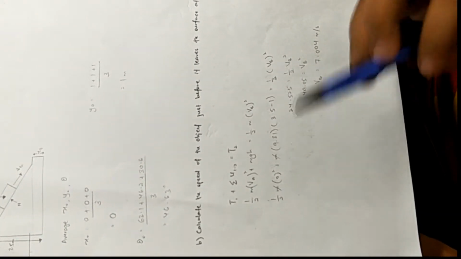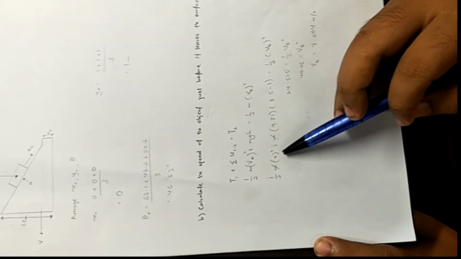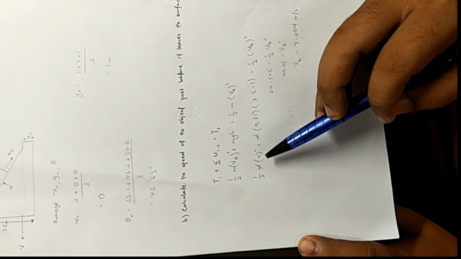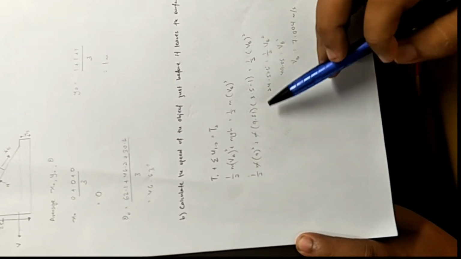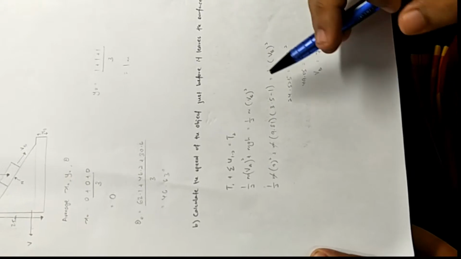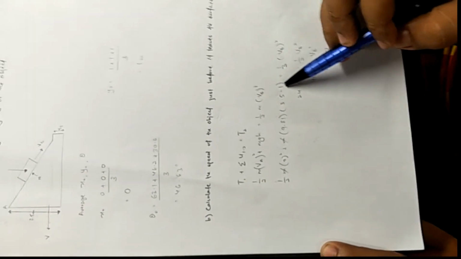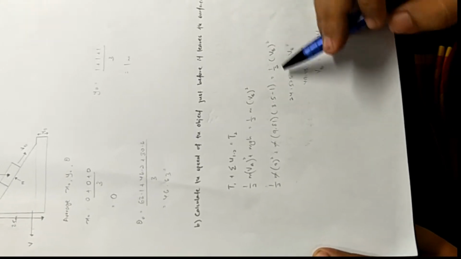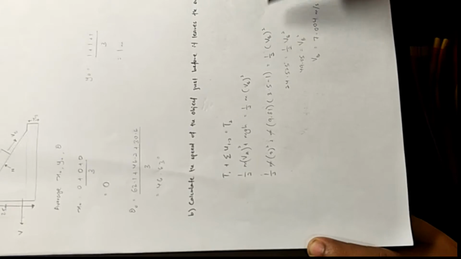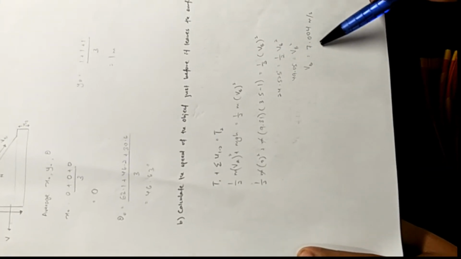So 1 over 2 times 0 squared plus 9.81 for G, the gravitational acceleration, and 3.5 minus 1 for H, equal to 1 over 2 VB squared. This is for T2. After the calculation, we get VB equal to 7.004 meters per second.